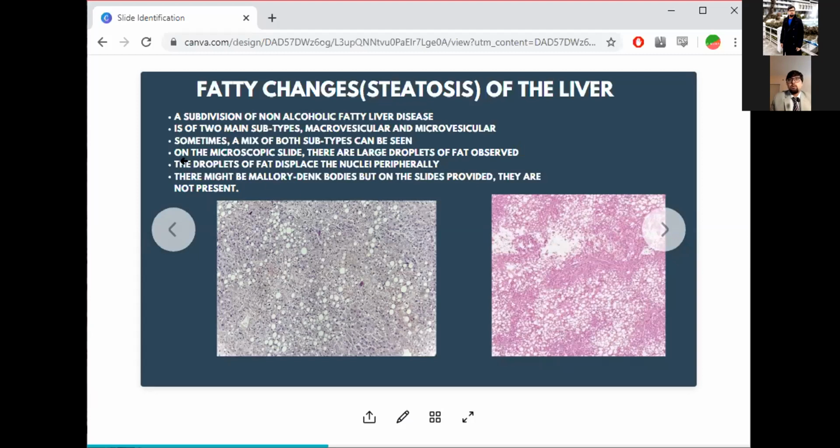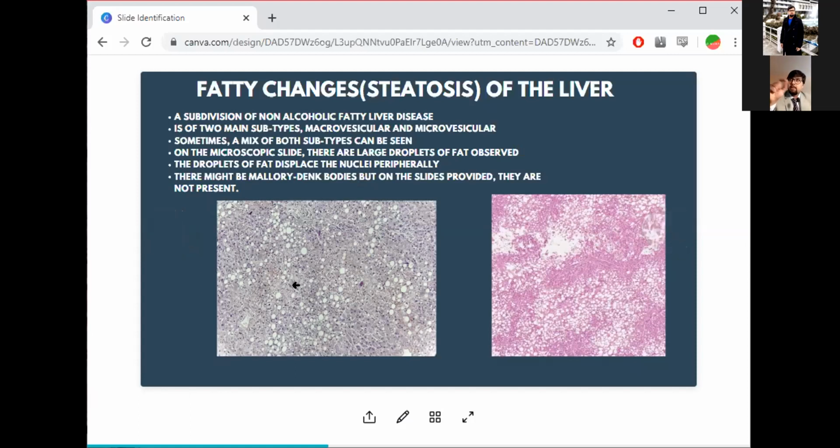Now, the droplets of fat displace the nuclei peripherally, meaning that the nucleus is being shifted to one corner. Okay. There might be something called Mallory-Denk bodies, but Mallory-Denk bodies on this slide cannot be seen. Now, what are Mallory-Denk bodies? Mallory-Denk bodies are like areas of pink coloration.